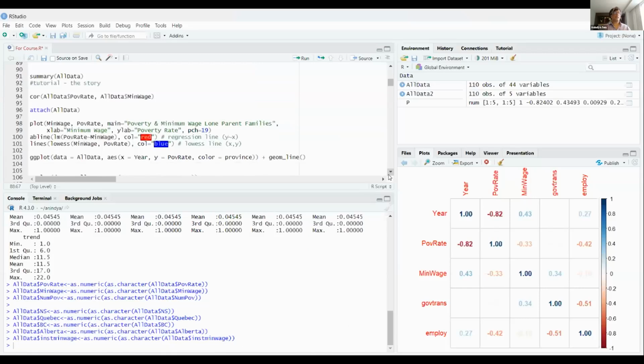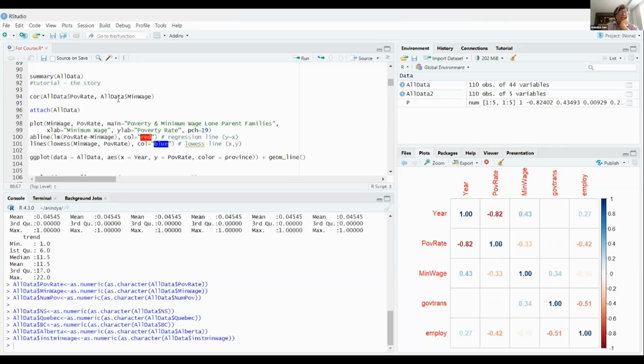Now, what I want to do is, okay, what's the story out here? Let's start off simple, as we started off in the tutorial. What is the correlation between the poverty rate and minimum wage when you take all the data from these provinces for all these years? It's pretty simple. I just type cor, open brackets, and I'm telling it to give me the correlation between the poverty rate, which is in this data set, and minimum wage, which is in this data set, right?